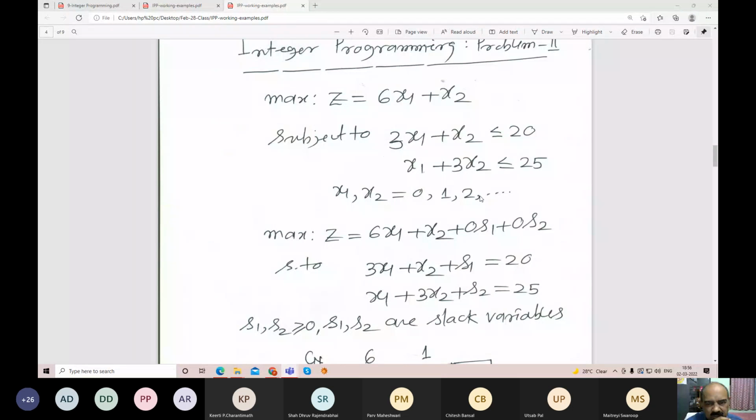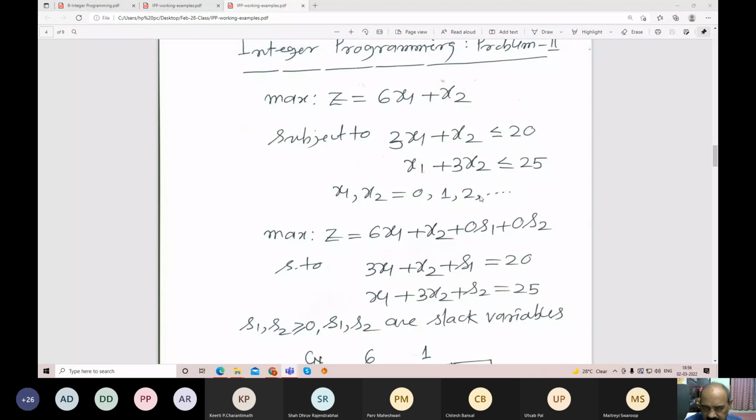What is the maximum value? Without solving, can you guess? Your guess is correct. Tell me, what should be the correct answer? Sir, 38. 38 is the correct answer.